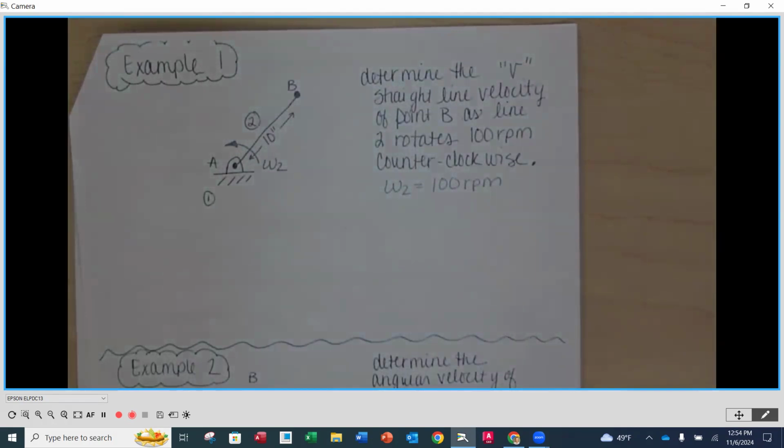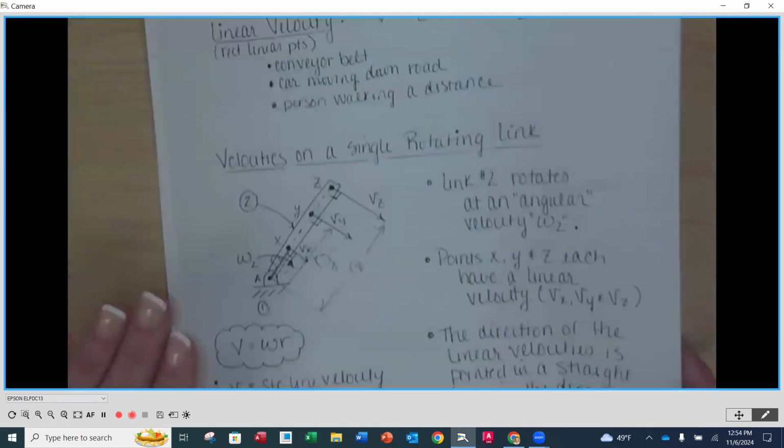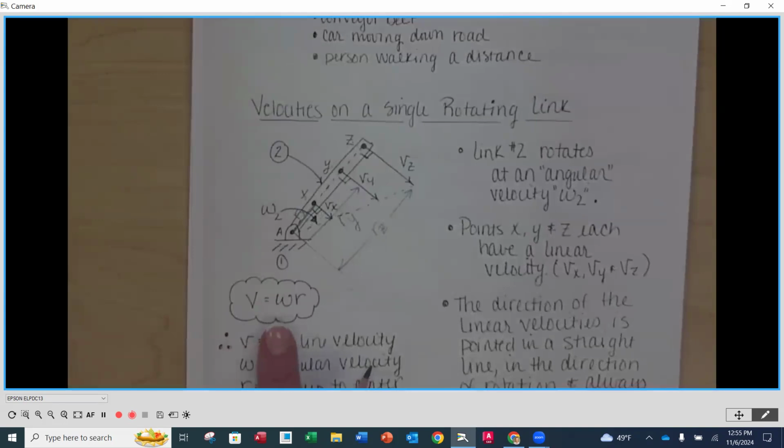B is the end point of this link. A lot of times we're going to be dealing with endpoints, and the endpoints are the extremes, as we saw earlier on the first page. As that radius of rotation increases, and the most it's going to get is the edge of the part, the velocity is going to also increase.